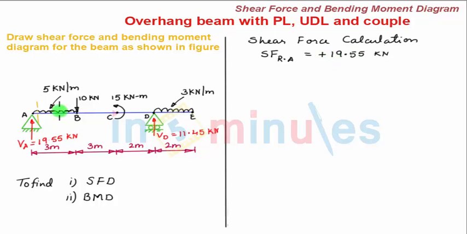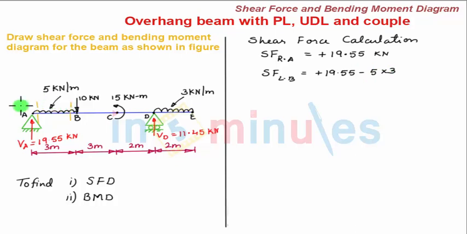Then let's move the section towards point B. By taking a section towards the left of B and very near to it, I can write the value of shear force towards the left of B equal to, as I move the section from here to here, there is the addition of this force whose magnitude will be 5 multiplied by 3. So I have plus 19.55 minus 5 into 3.